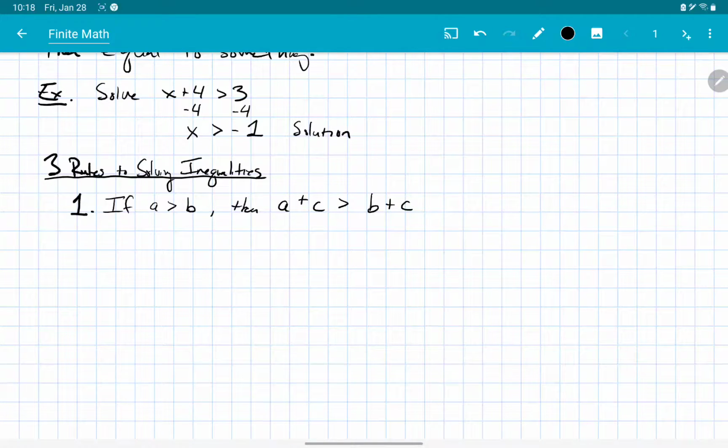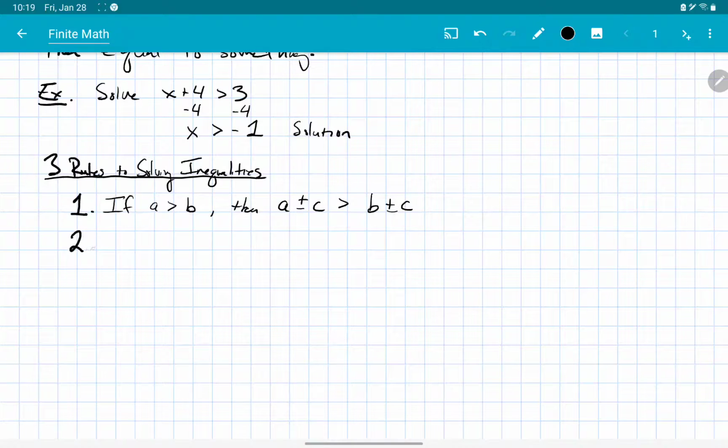So if A was bigger than B and we add C to both A and B, A plus C is bigger than B plus C. And this is also true if we instead subtracted C. So we write that as plus or minus. So the step of subtracting the same number from both sides is a valid step in solving linear inequalities.